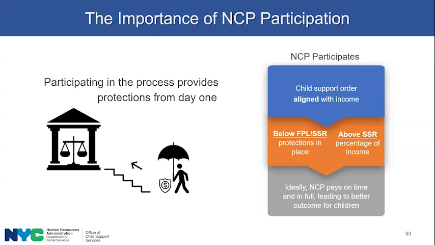We'll look at those in a minute. Above the self-support reserve, that's when the Child Support Standards Act kicks in, and it's a percentage of income. Either way, ideally, the NCP pays on time and in full, leading to better outcomes for the children. Next slide.